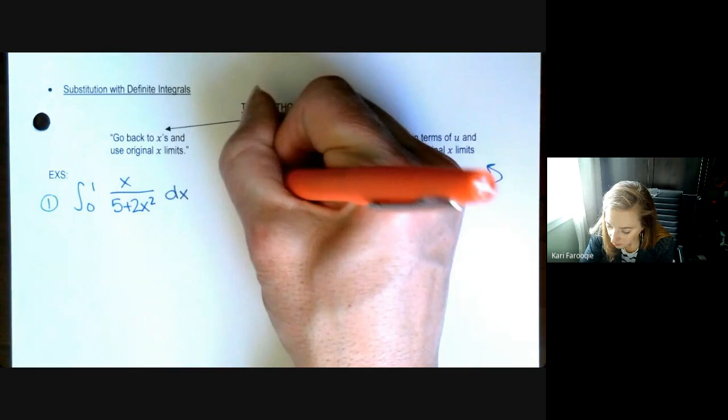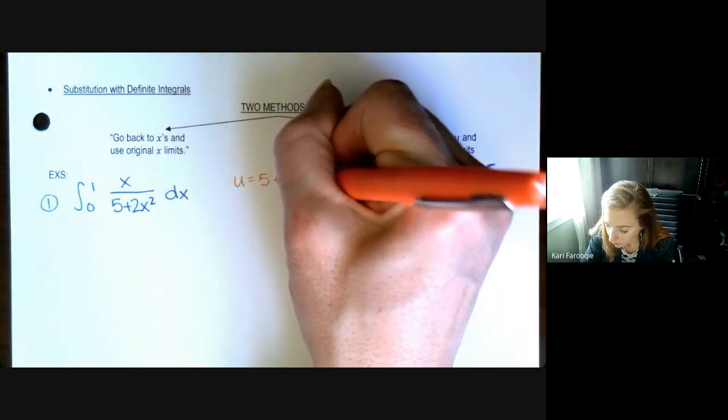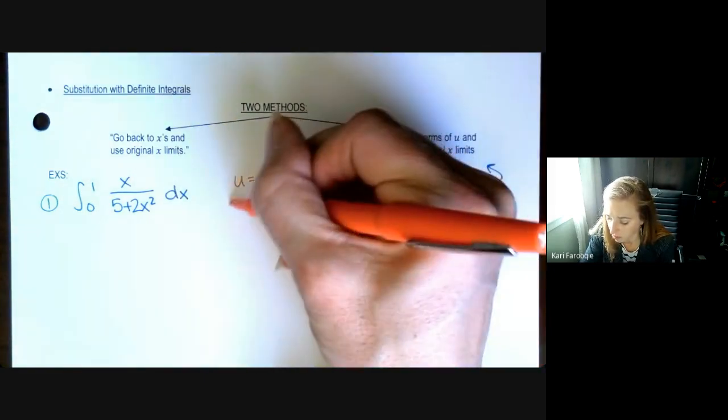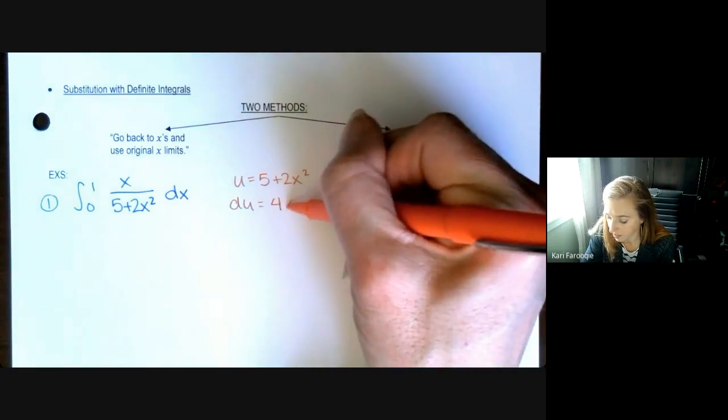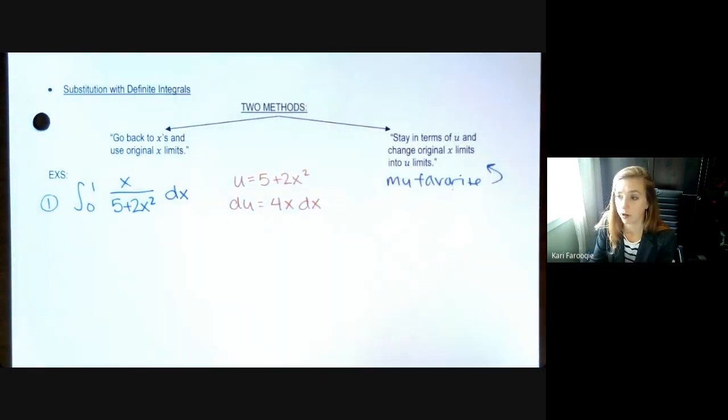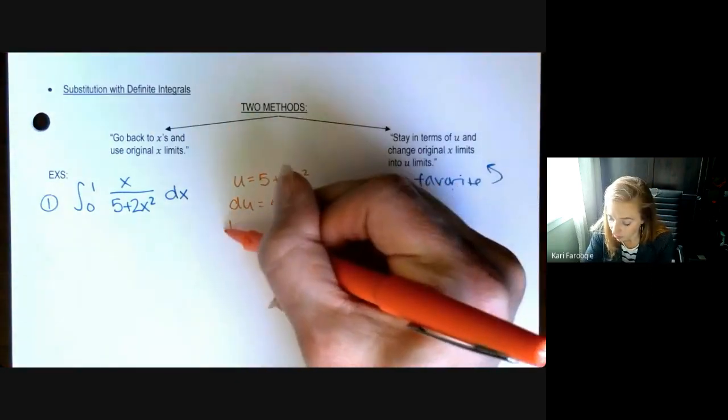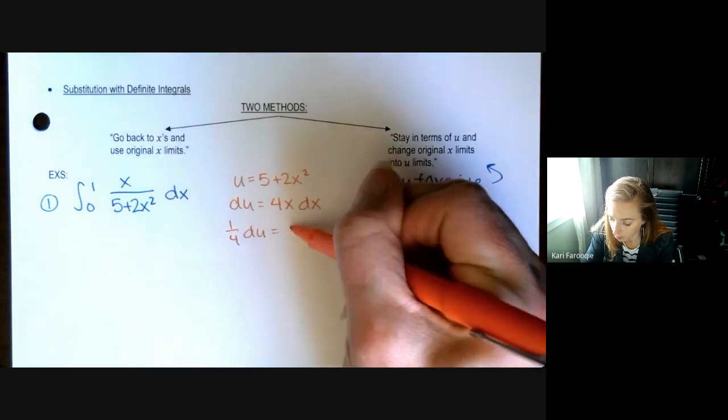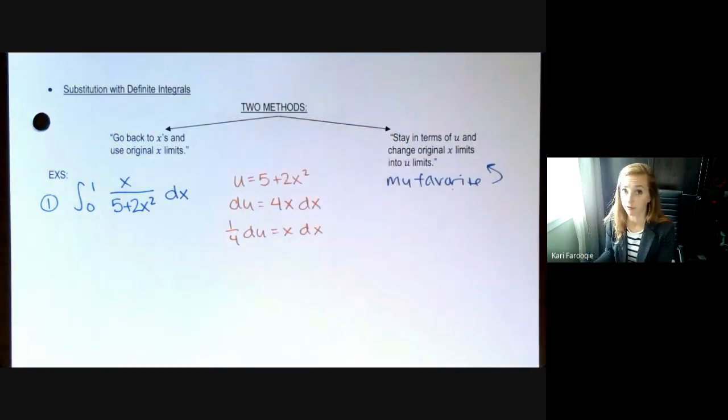So let's let the denominator be u, which is 5 plus 2x squared. And then du is 4x dx. Now, I don't have 4x dx. That's fine. I have just x. So go ahead and divide out that 4 on both sides, and then you'll get x dx.